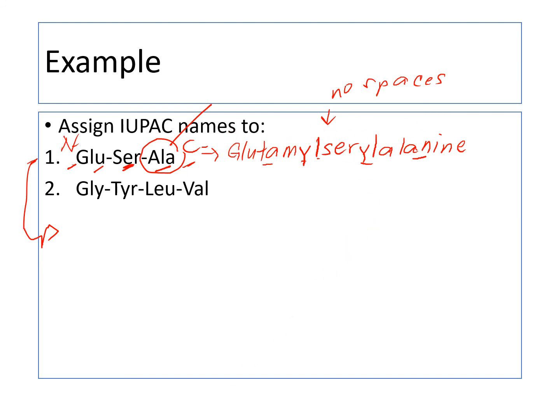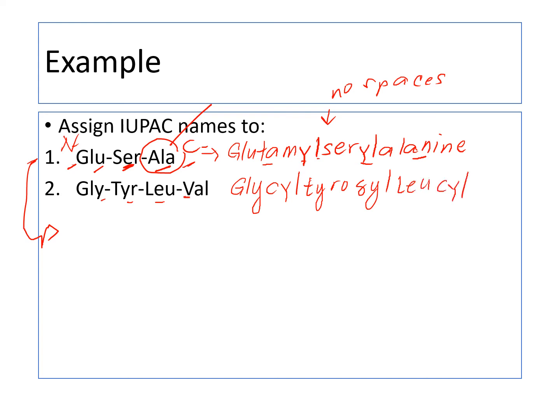Next, we have the tetrapeptide. Let's start with glycine. Glycine will have glycyl, of course, glycyl. Next, tyrosine, tyrosyl. Next, leucine. Of course, that's leucyl.